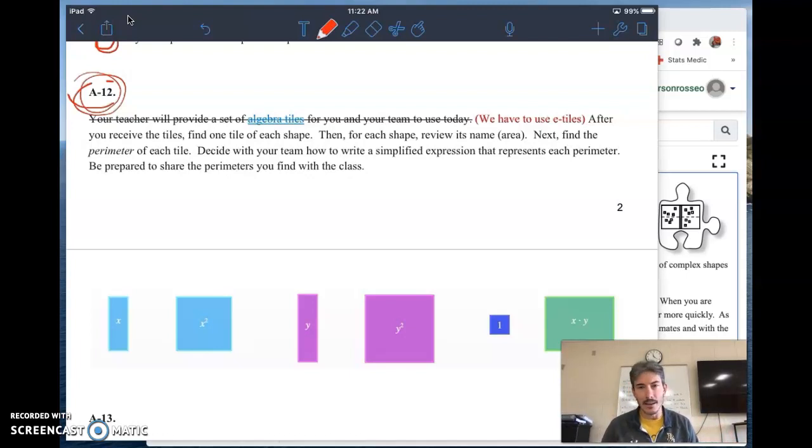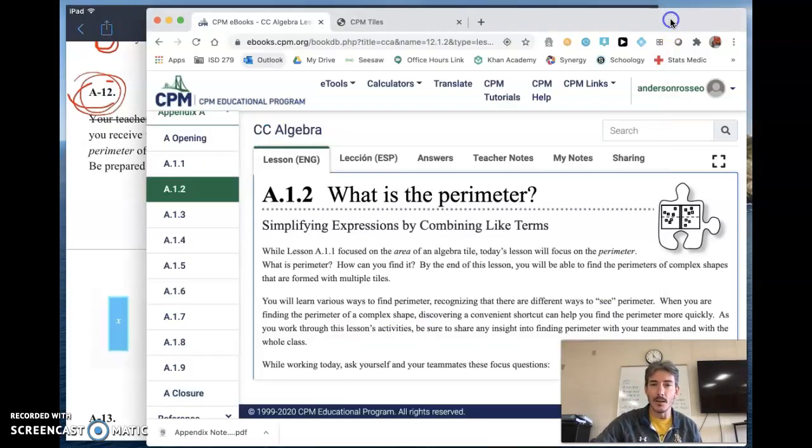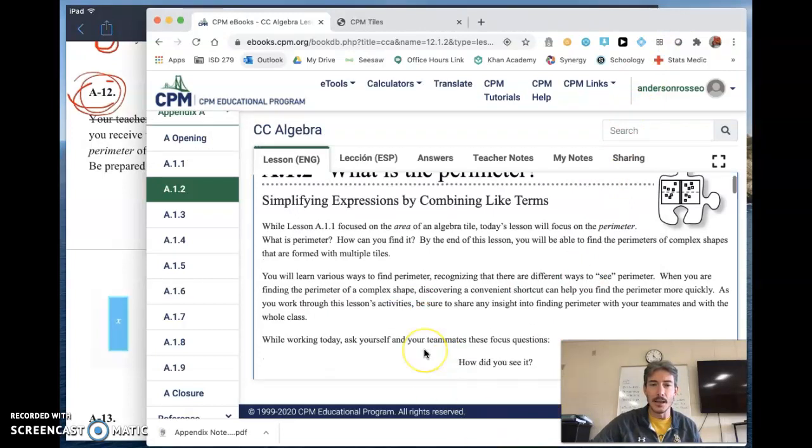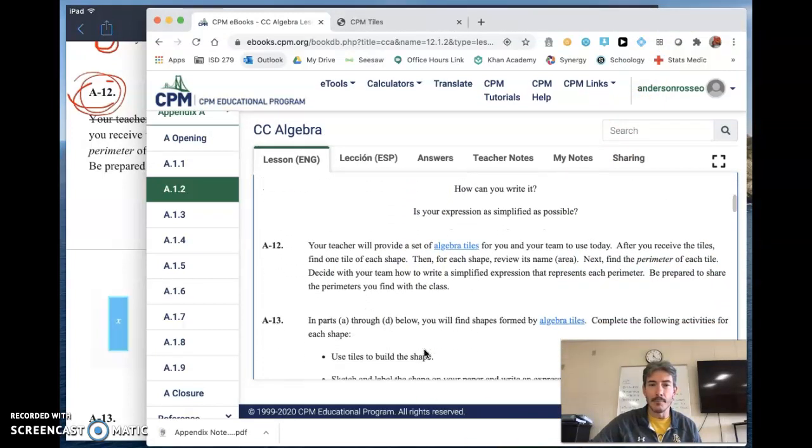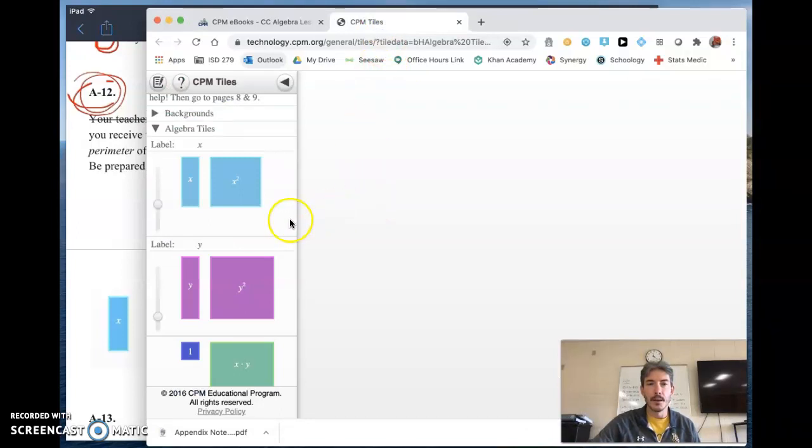I'm not going to give you algebra tiles right now. I can't because we're at a distance, so we've got to use these e-tiles. So how do you find those e-tiles? Well, back to my CPM ebook. If you click on the hot link right here, it is going to open up your CPM e-tiles.